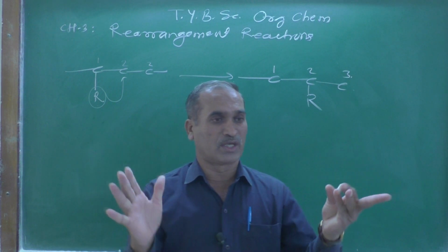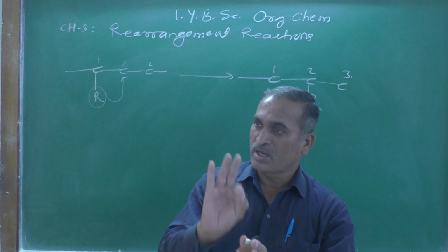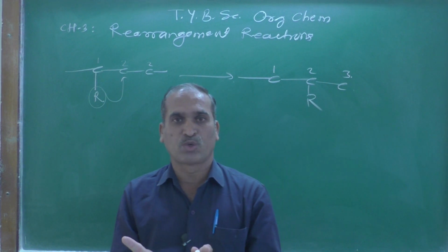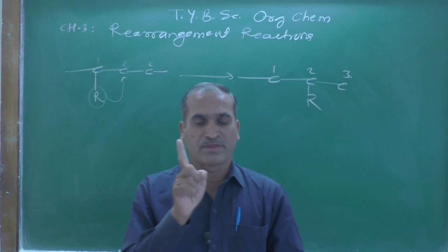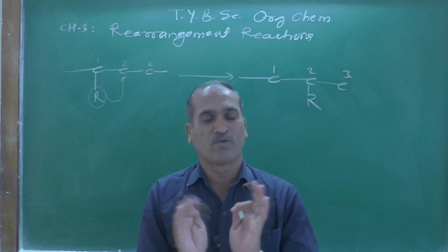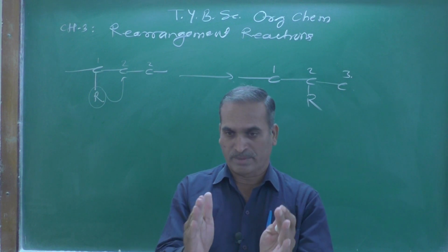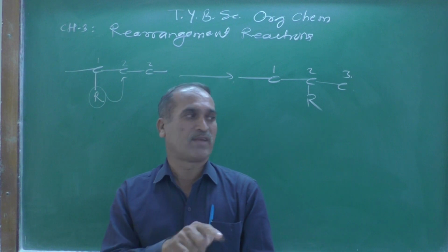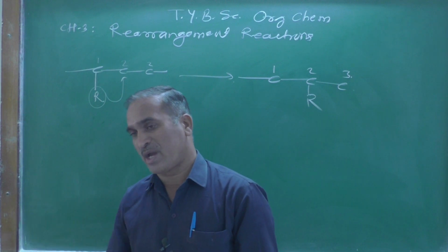The molecule gets polarized, meaning there is a difference in electronegativity, and that's why the covalent bond gets polarized, developing plus delta or minus delta charge.